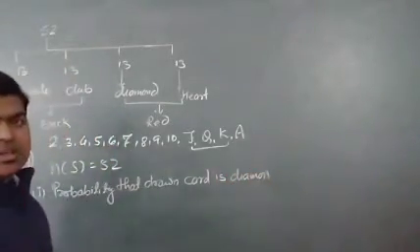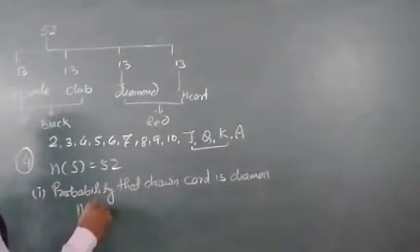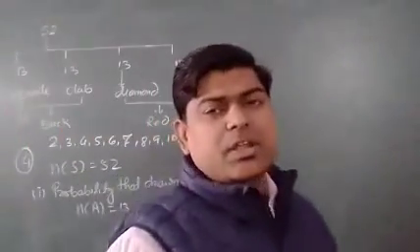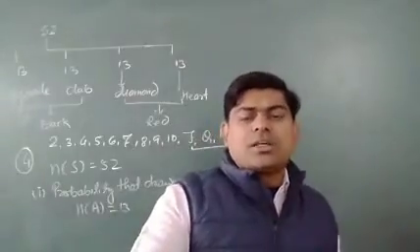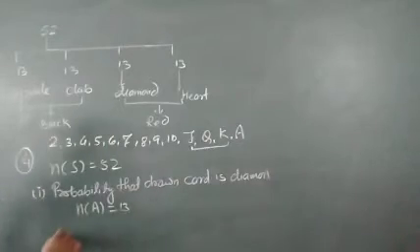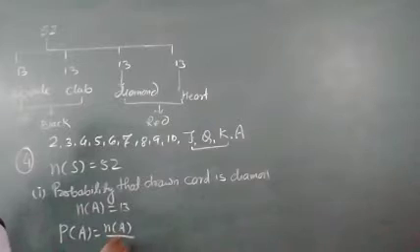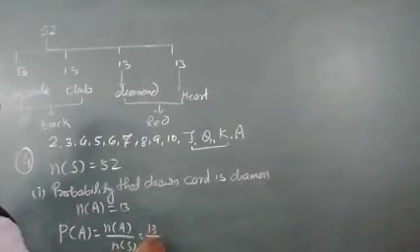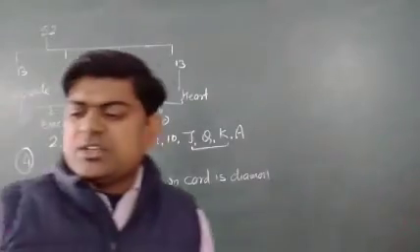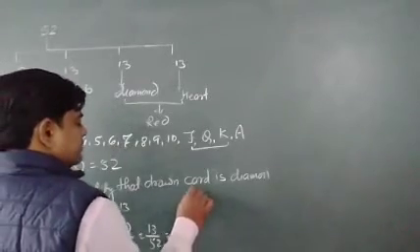If I take this event as A, now tell me, number of A is equal to 13, right? Because there are 13 cards in diamond. So the favorable outcomes will be 13. Now if I want to write the probability of A, I can write number of A upon number of S, that is equal to 13 upon 52, which is equal to 1 upon 4. In the same way, the second is not a diamond.